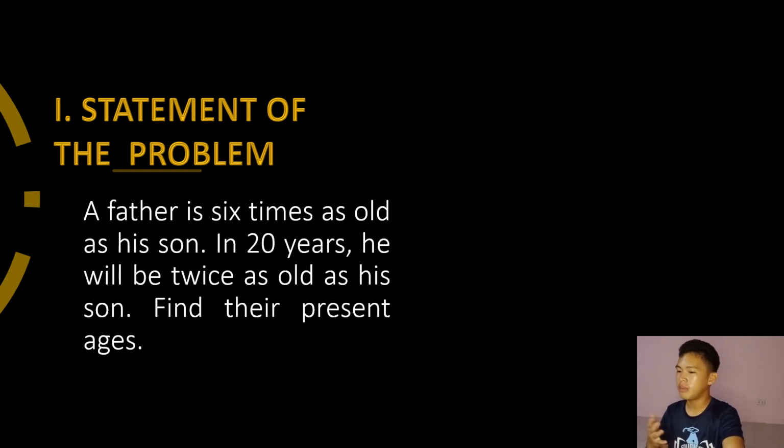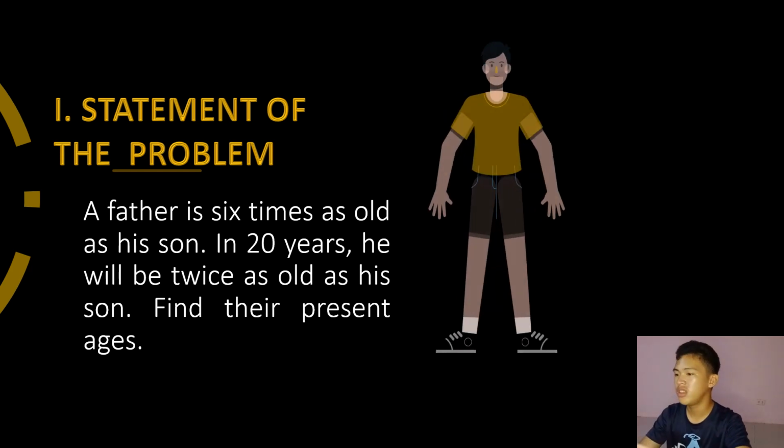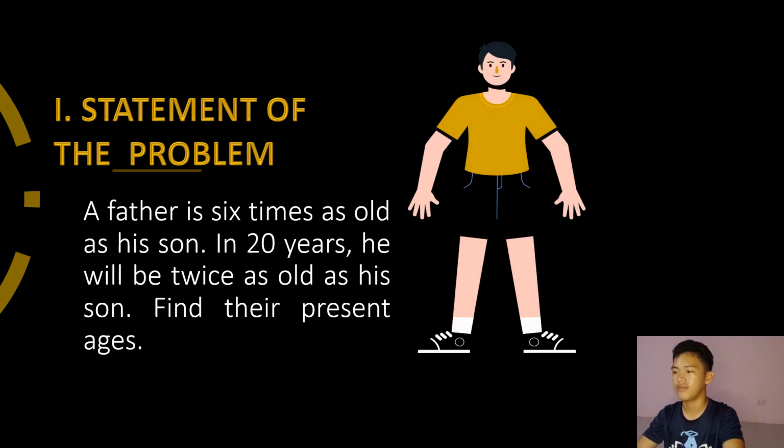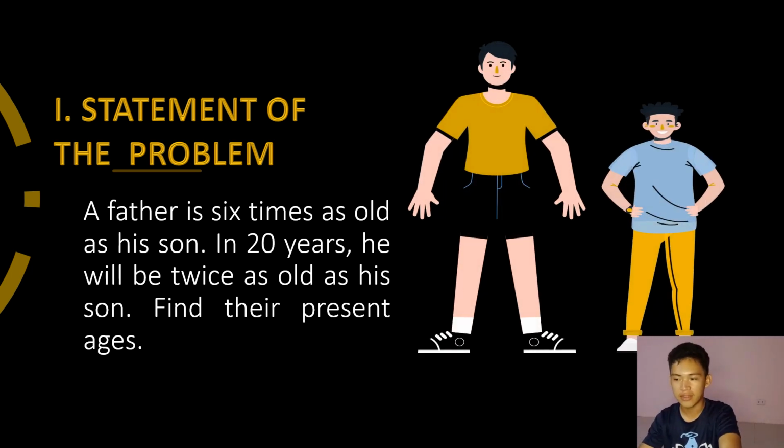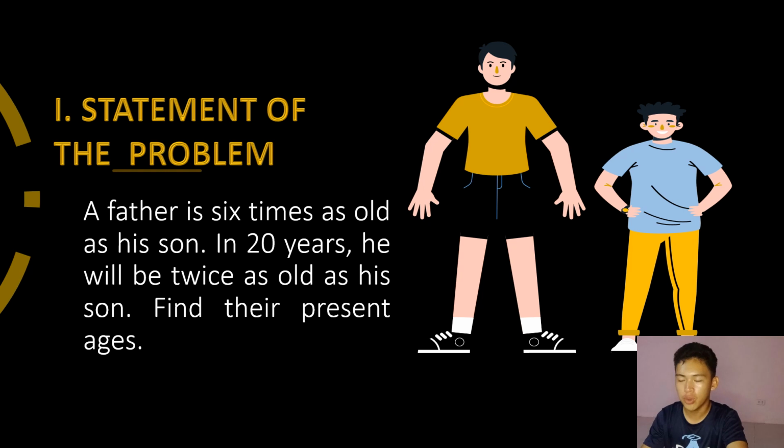So I will read it again. A father is 6 times as old as his son. In 20 years, he will be twice as old as his son. So find their present ages. This is the father and this is the son. So what are we going to do? To find their present ages.